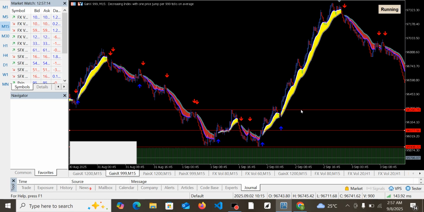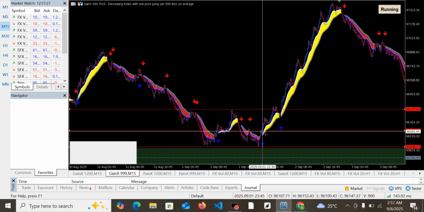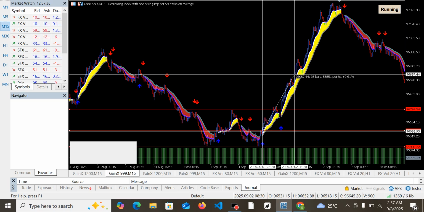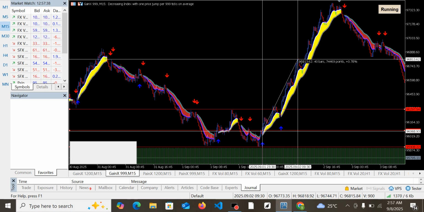So you decide to place another order at this point, and these spikes happen and more spikes happen. We started from here, and at this particular spot you will have been in a lot of profit. Both orders will have been in profit. So it kept going up and up, and this will have given you a lot of profit at this point.